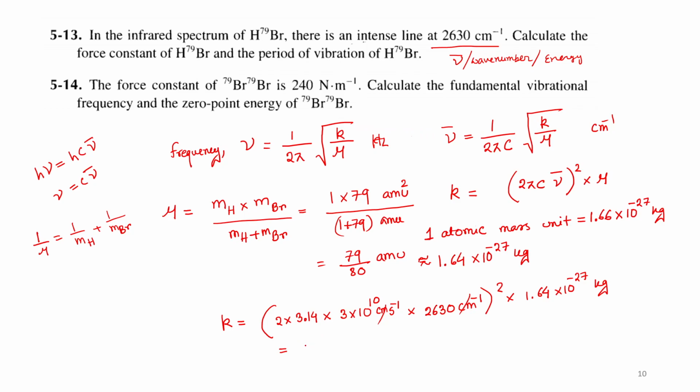Let me multiply with the rest of the things: 2 into 3.14 into 3 into 2630 and square of that, into 10 to the power 10 into 10 to the power minus 27, which in turn becomes 402.456 kg second minus 2. Don't forget the unit.